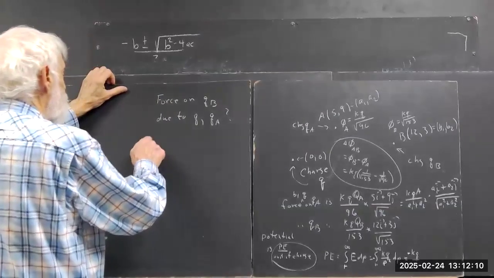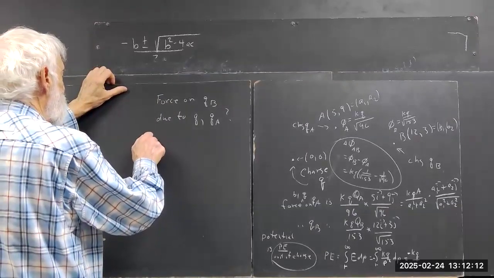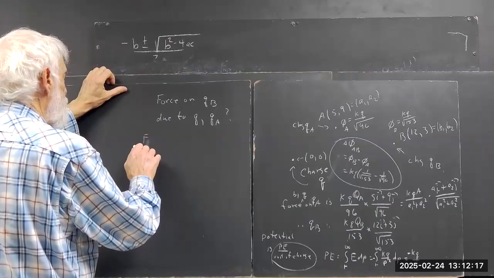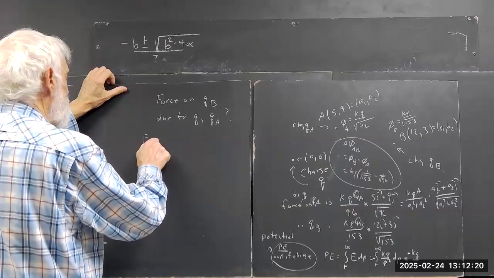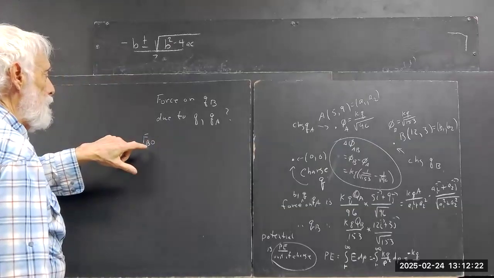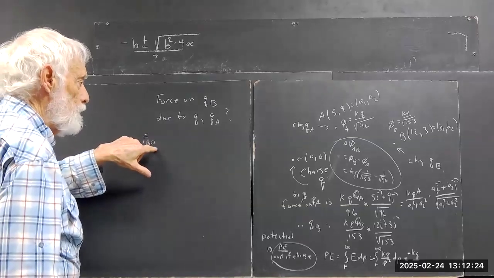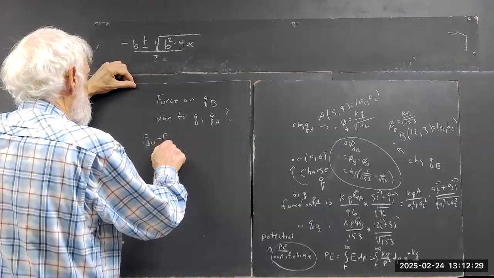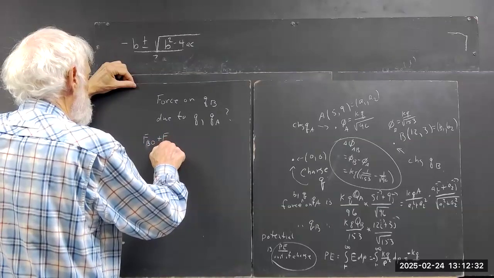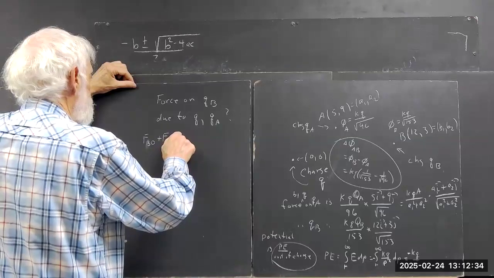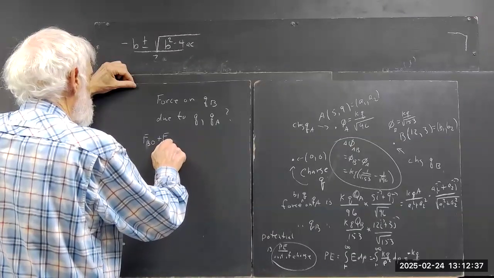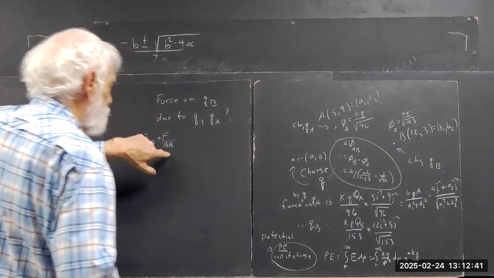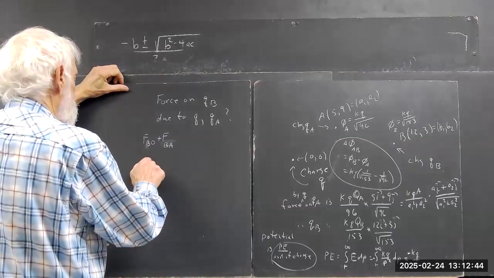So we'll call this the force exerted by the particle at point B on the particle at the origin. Then the force exerted by the particle at B on the particle at A.